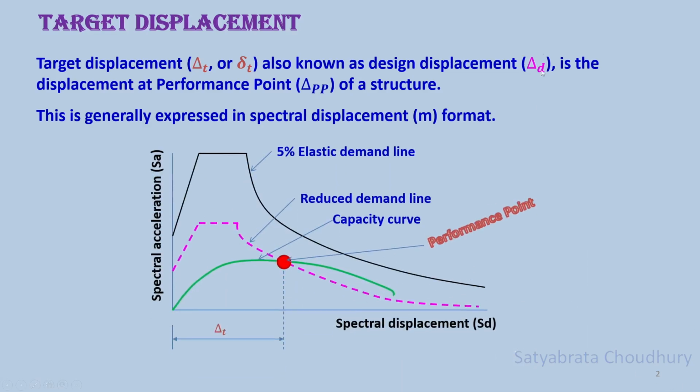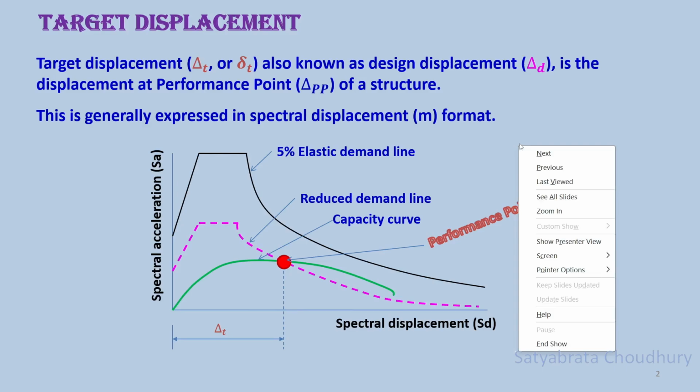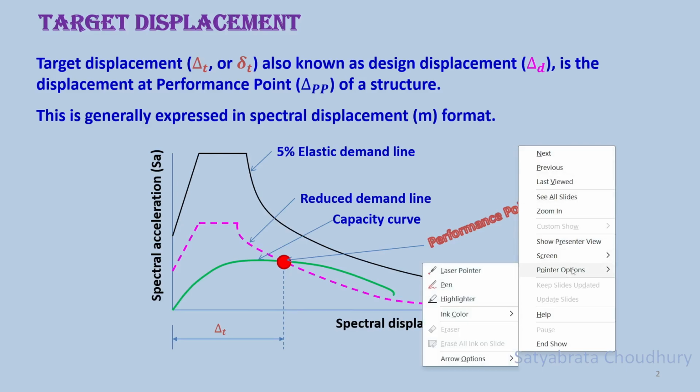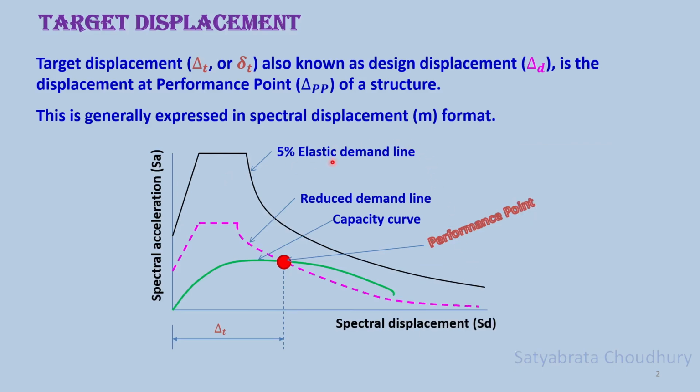For your recapitulation, I have shown here the previous example we had taken in the previous video of the demand curve here, which is the 5% damped elastic curve or design spectrum of the code, and due to the damage in the system corresponding to some point, the reduced demand curve is shown here, and the capacity curve is shown by the green curve.